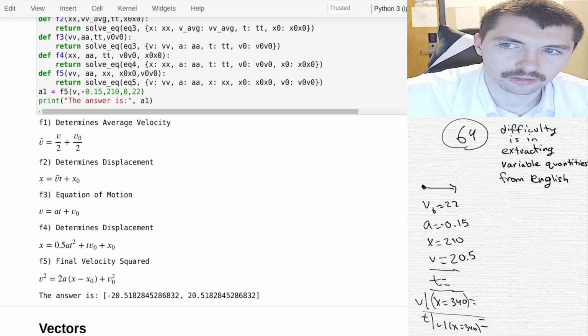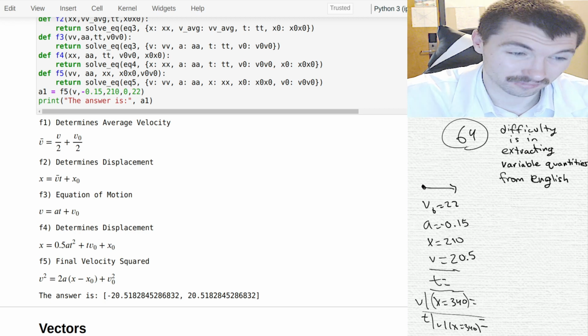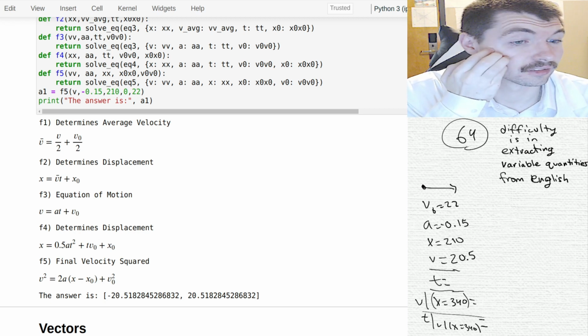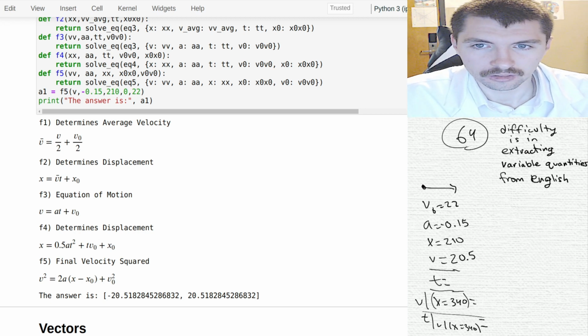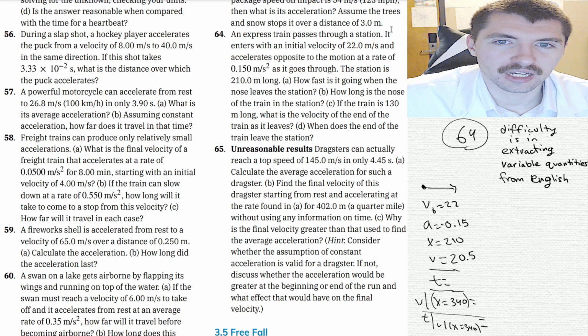So passing through it, as it goes through, it slows down ever so slightly over 210 meters.